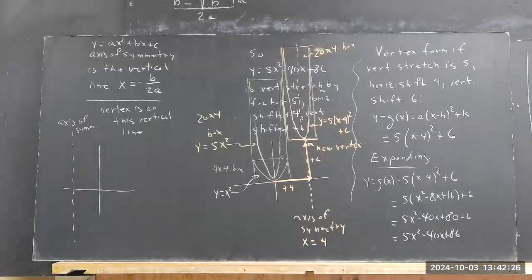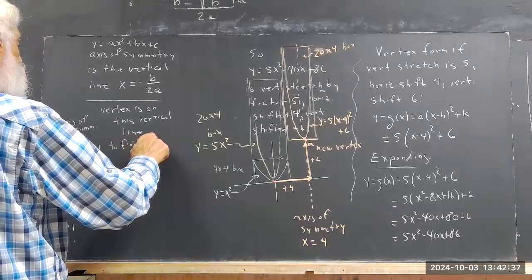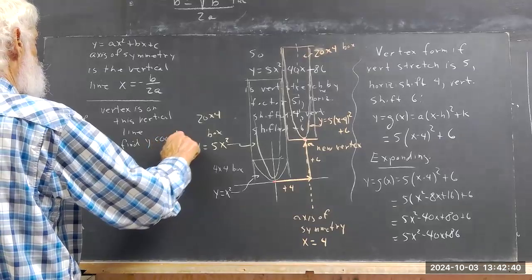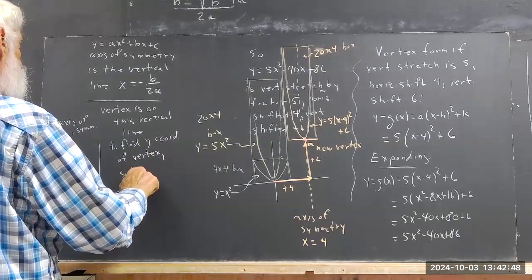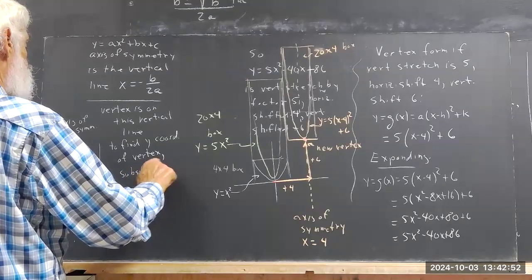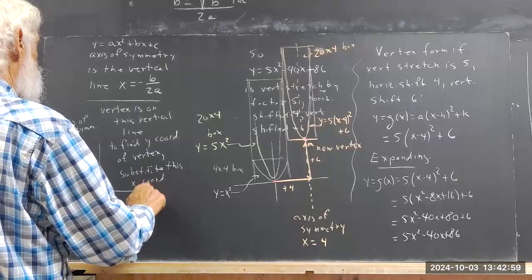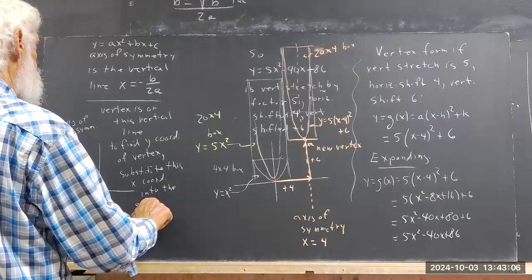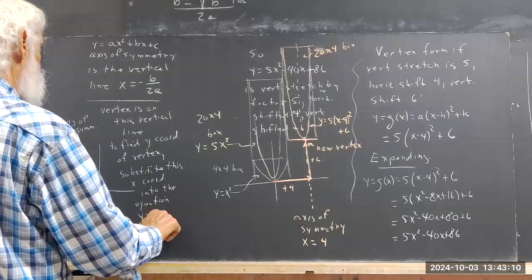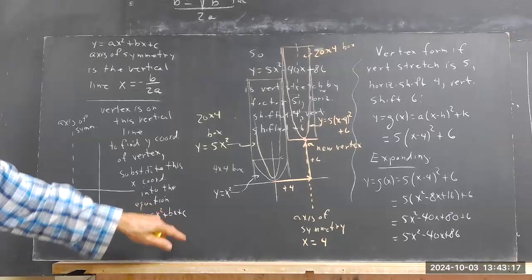The vertex is on this vertical line. You plug the x coordinate into this function, whatever the numbers a, b, and c happen to be.